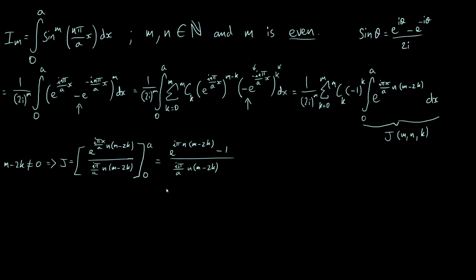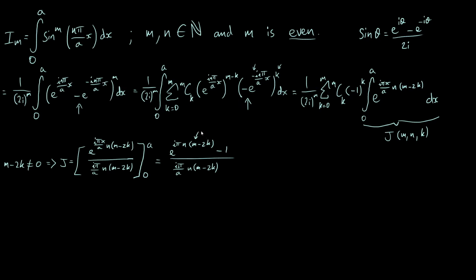Now actually, we can simplify this quite nicely. Okay, why is that? Well, it is because this m itself is even. So we've assumed from the beginning that m is an even number.